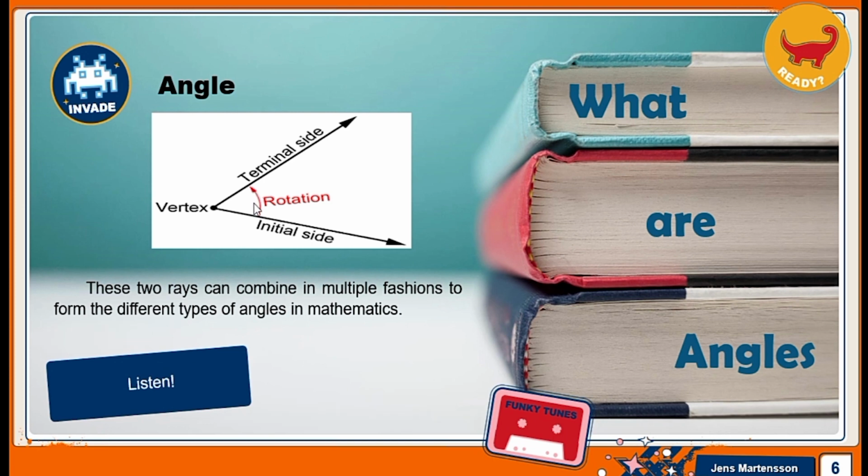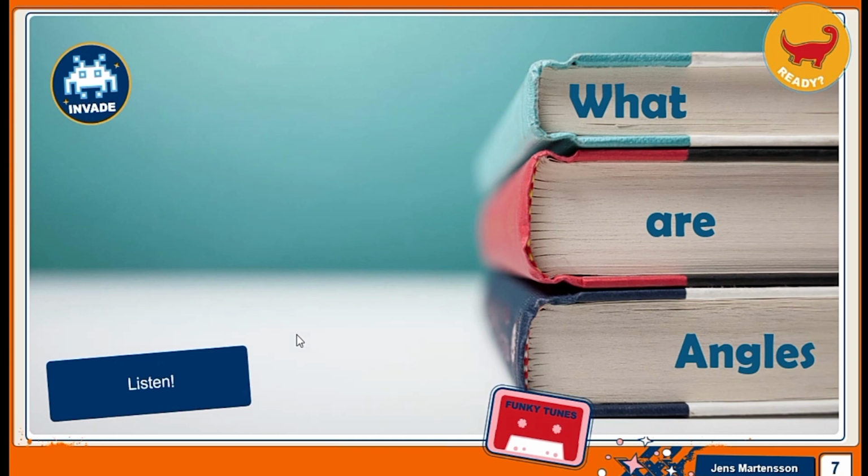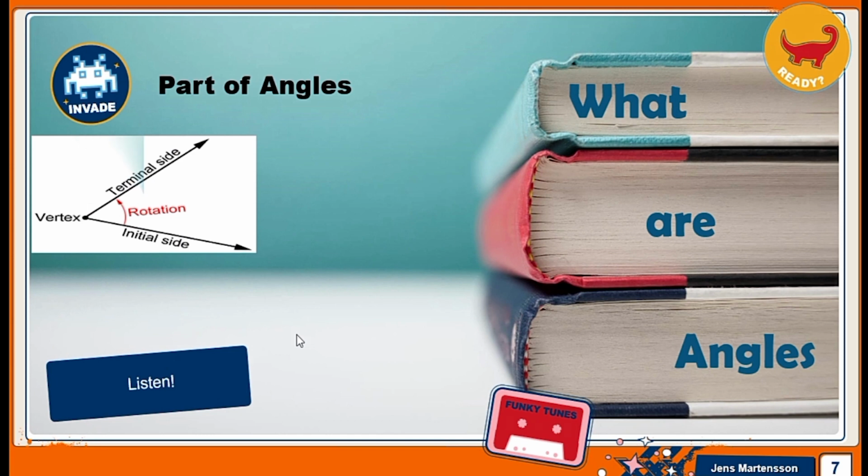This rotation can form an angle. These two rays can combine in multiple fashions to form the different types of angles in mathematics. Remember, understand the vertex and the parts of angles.